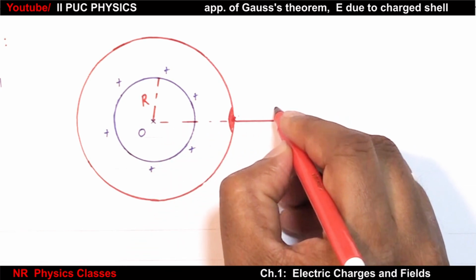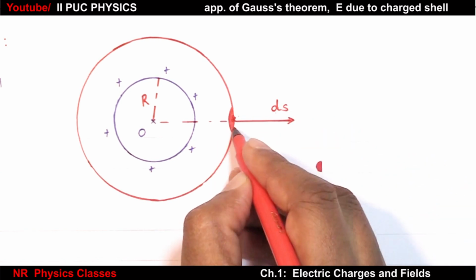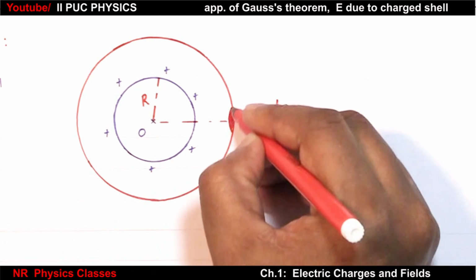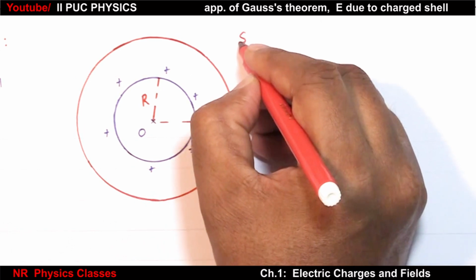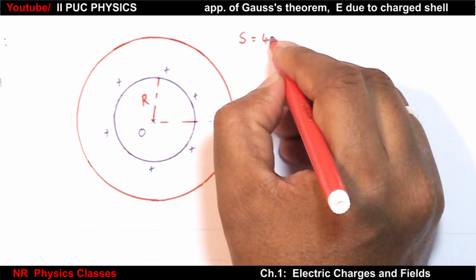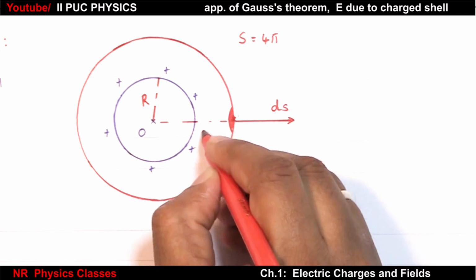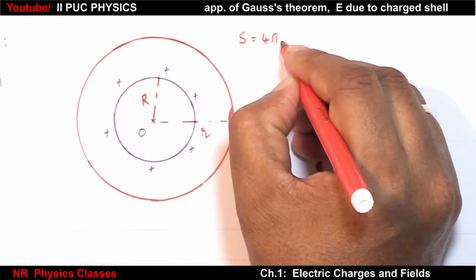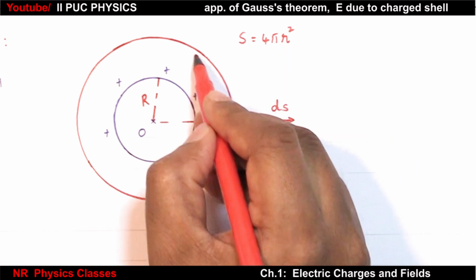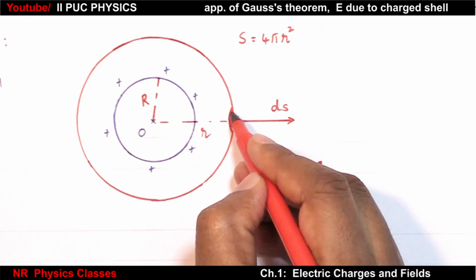So ds is the area of this small patch. The total surface area of this Gaussian sphere is S, which is equal to 4 pi r square, where r is the distance from the center. ds is a small area.